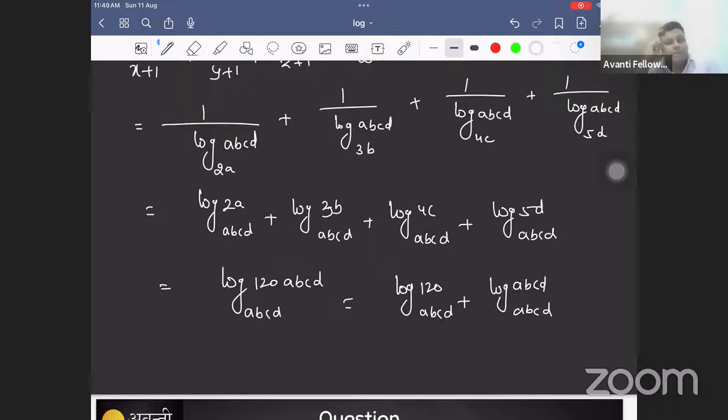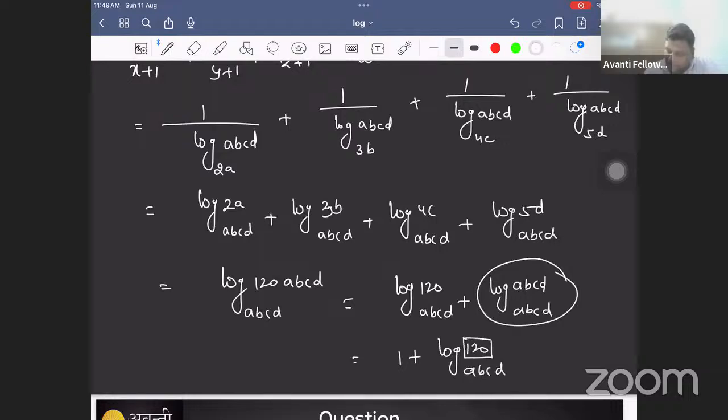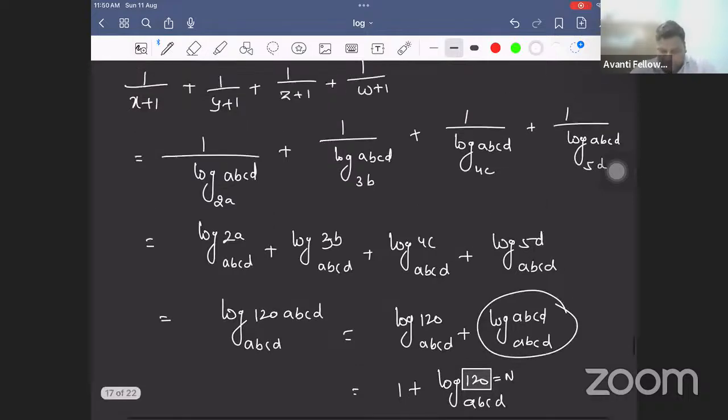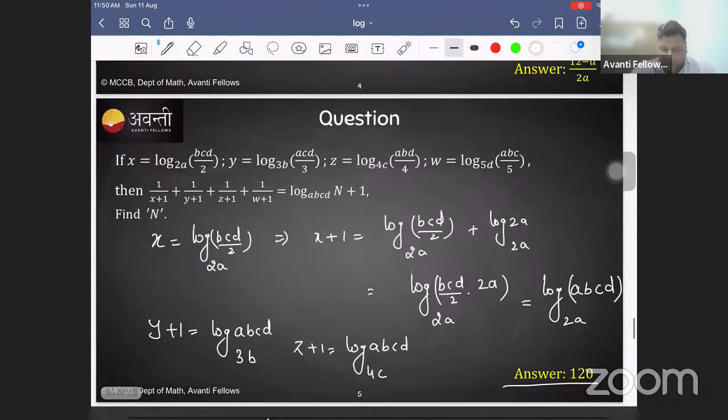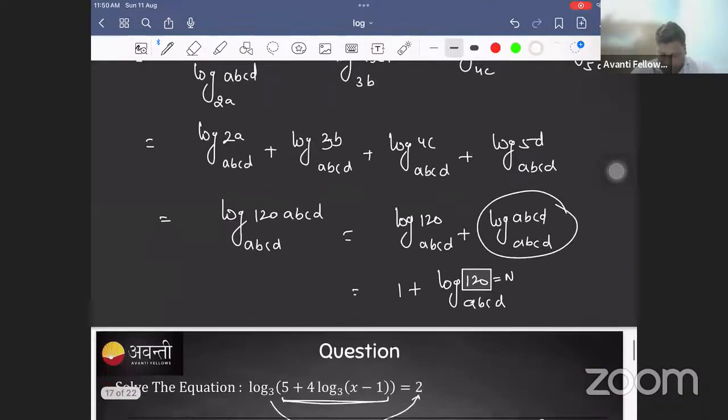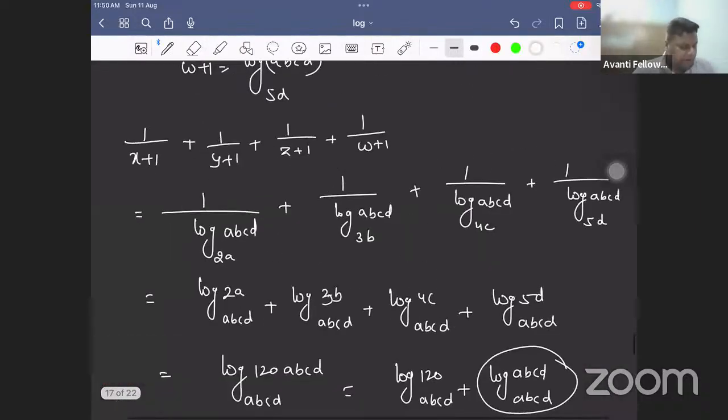Yes or no? This value is 1. So 120 is ABCD. So this is your N. So they were asking for the value of N, and that value of N is 120. Have I made my point clear?